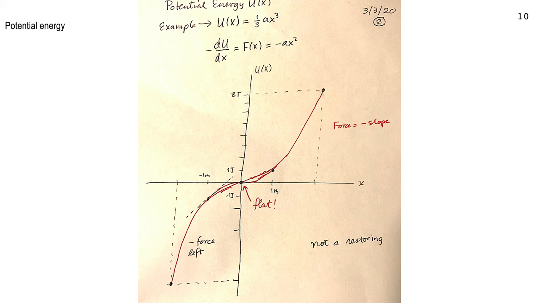Is that what we had? Wait a minute. Yeah, we had minus ax to the second, minus 4b x to the third. All right, so you can do the force here. That's the minus of the derivative. Yeah. Oh yeah, and there's a 3 out here. Sorry.